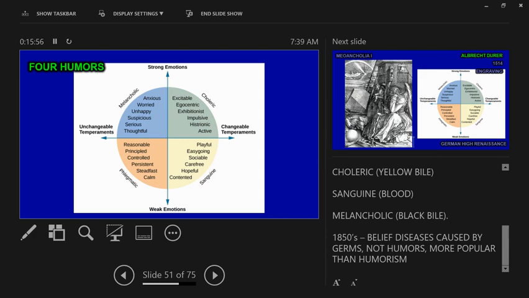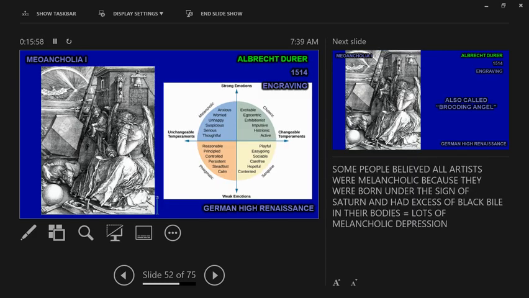All right, so let's move on to our artwork, Melancholia I. Some people believed all artists were melancholic because they were born under the sign of Saturn and had an excess of black bile in their bodies.